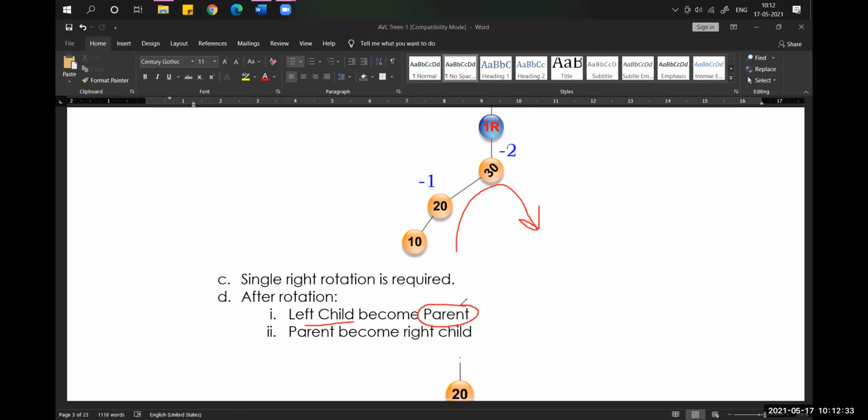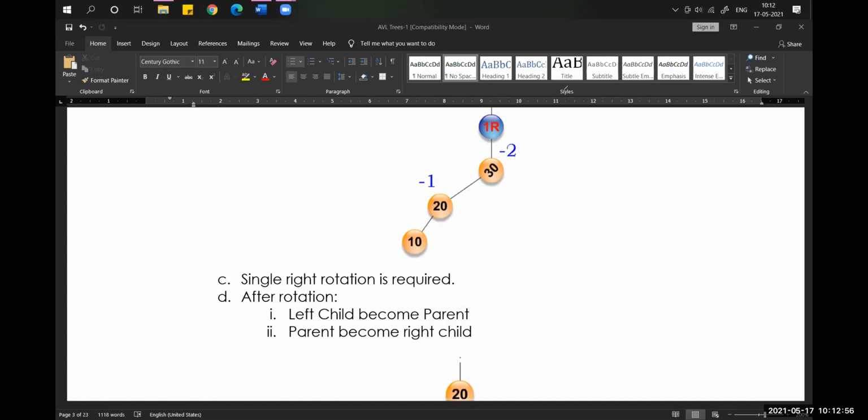What is the left child here? This is the left child, the first left child. So 20 is the left child. Now it will become the parent. Now the parent becomes the right child. Parent means now 30 is the parent actually. Now it will become a right child.